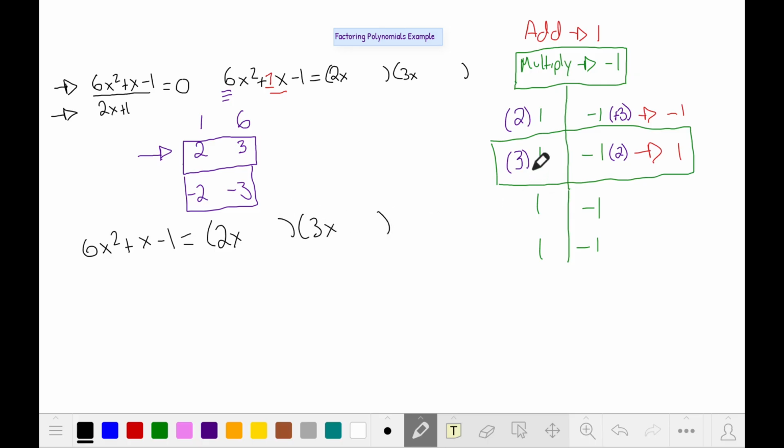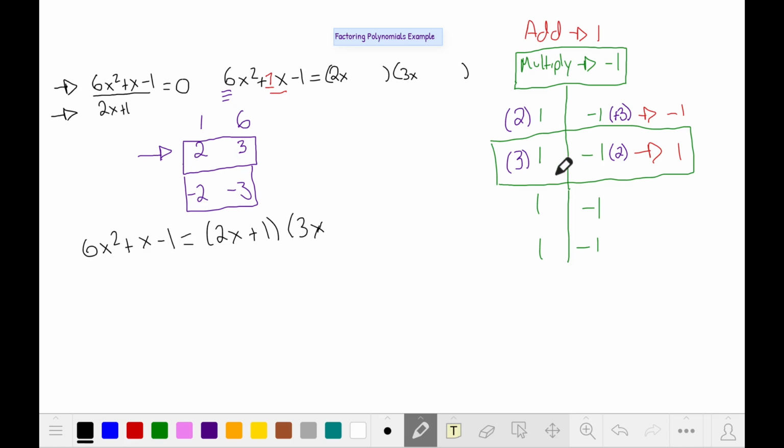All right. Now, again, we've got to be very careful because remember, it depends which purple number is multiplying which green number. That's why this top example and the bottom one are different. So in this case, it looks like the 3 is multiplying the 1. So that means that 3 is going to multiply this number here, and that's going to be the 1. And the 3 is multiplying the positive 1, so this one is positive.